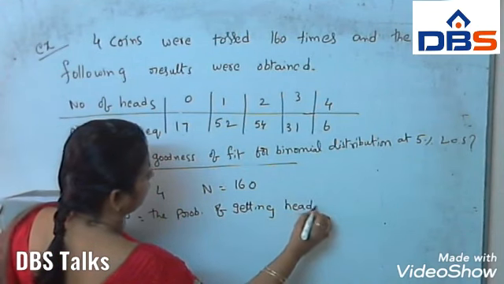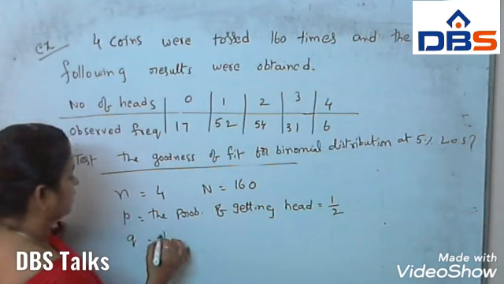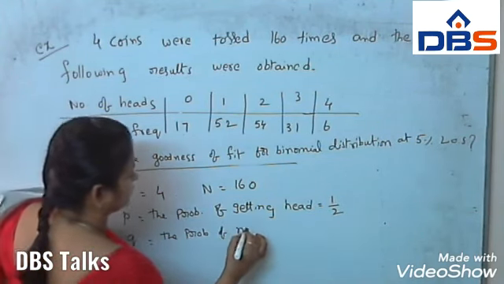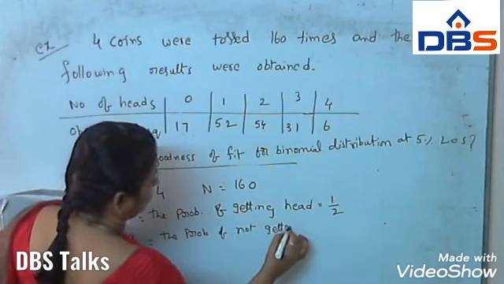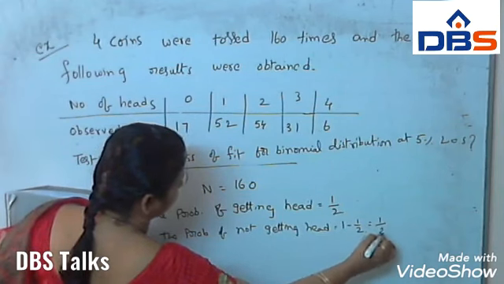So p equal to probability of getting head, that is half. q equal to the probability of not getting head, that is equal to 1 minus half, that is equal to half.